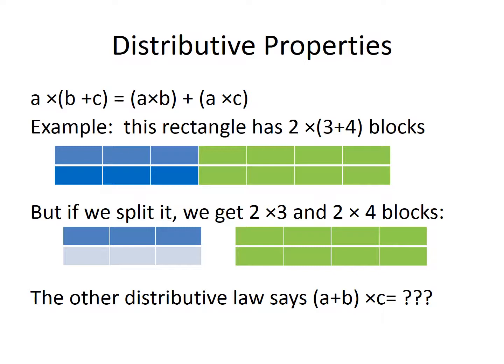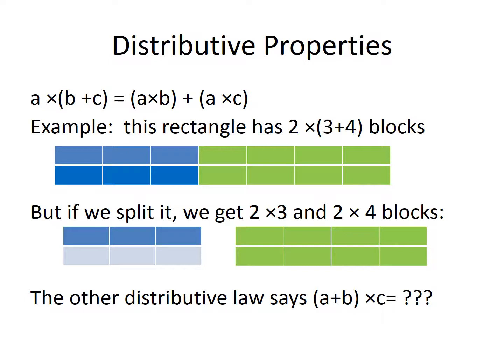And we have one new property that's going to blend multiplication and addition. And hopefully I will remember to fix this slide. It should say A times the quantity B plus C equals A times B plus A times C. So I've taken an example. This is a big long rectangle.